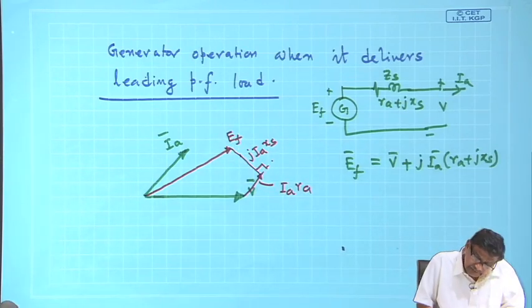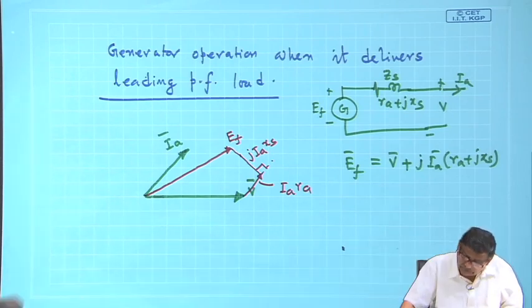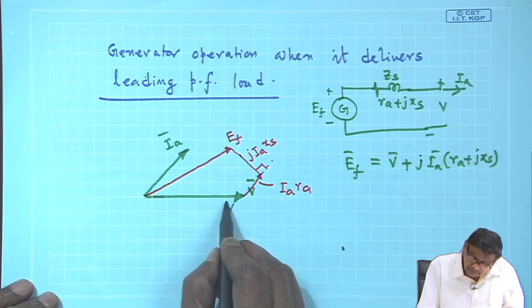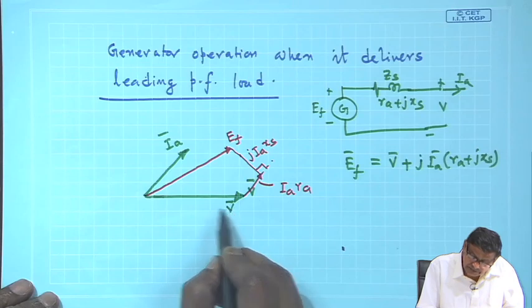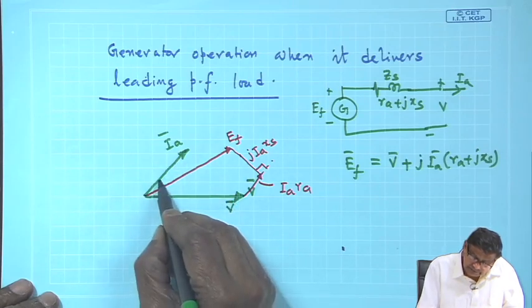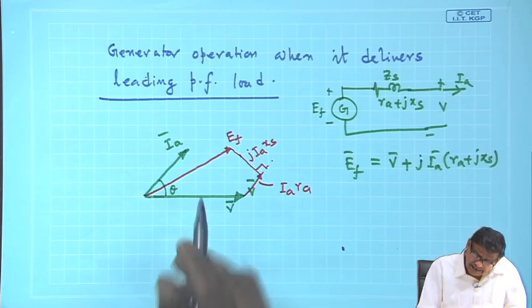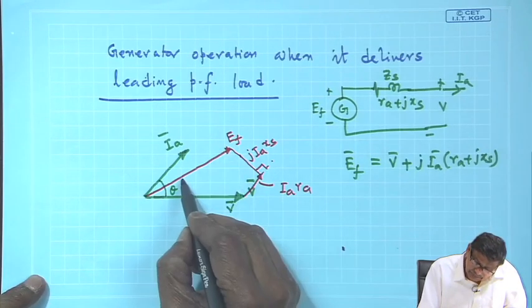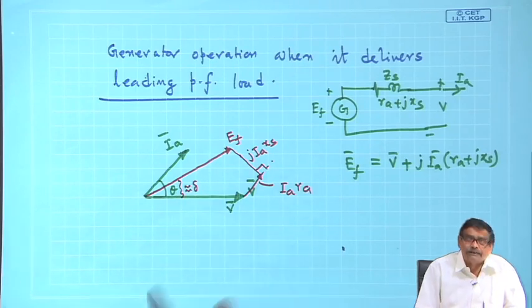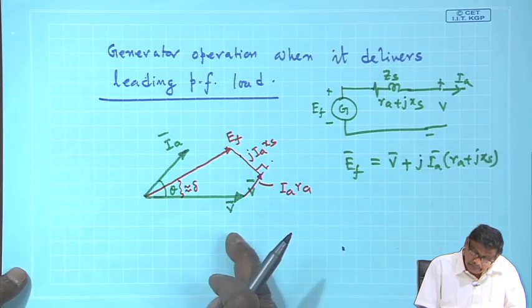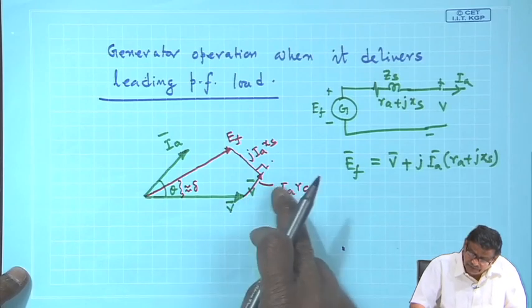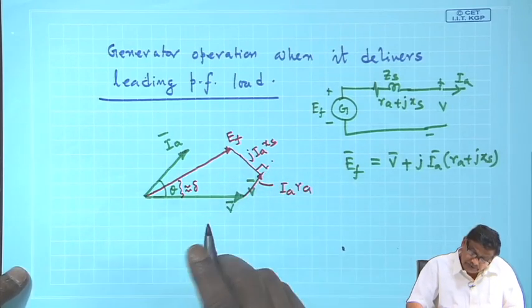You see, this one is your V, the green one, terminal voltage, and the armature current. This is the power factor angle of the load that is there, and this angle between these two will be close to delta, E f, and because V will be equal to E r, we have seen.